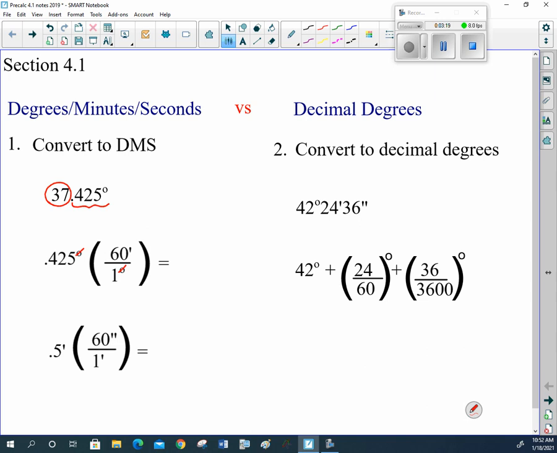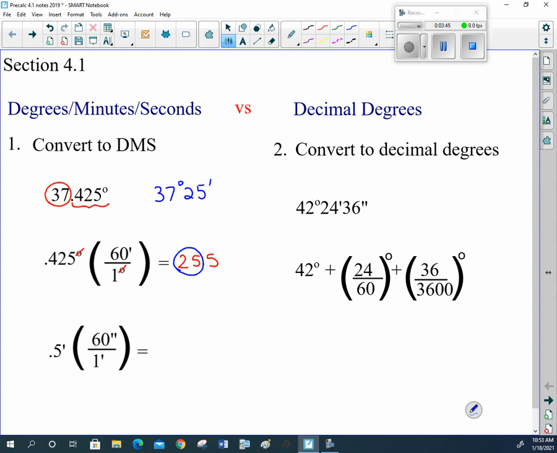So you're going to go 0.425 times 60, and you're going to get 25.5. What that tells us is this piece right here, the 25, is our minute piece. So right now we've got 37 degrees, and now we figured out the minute piece.